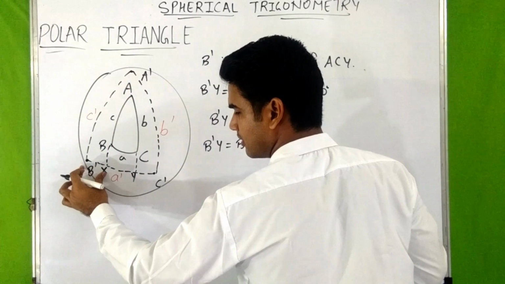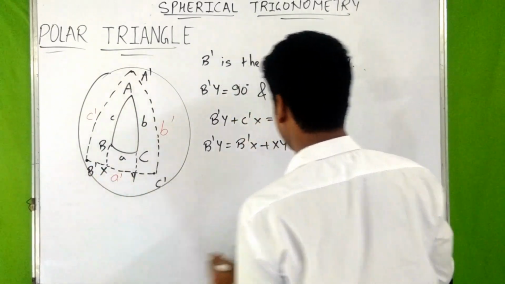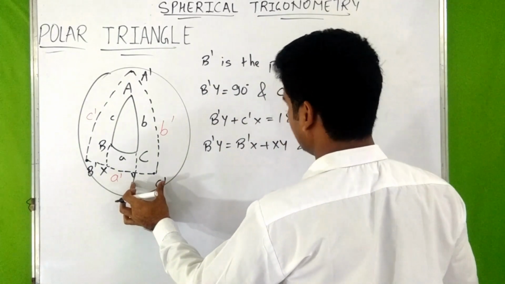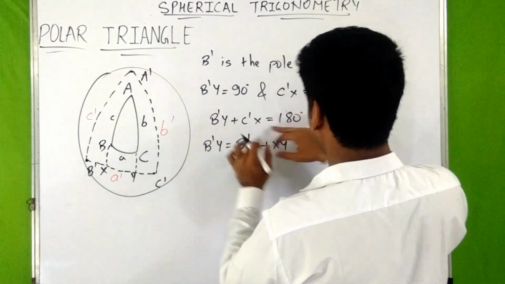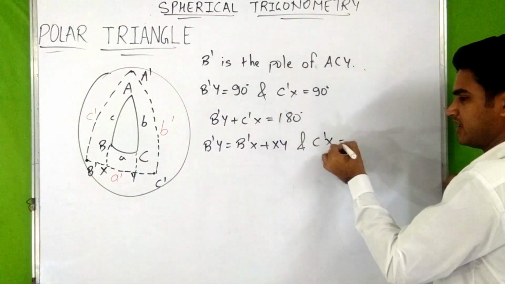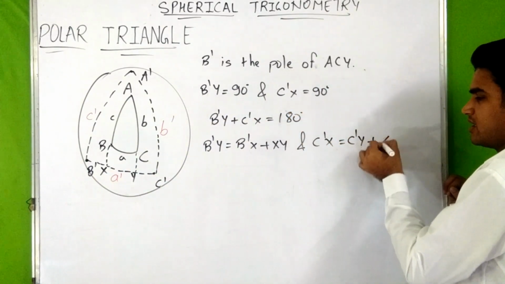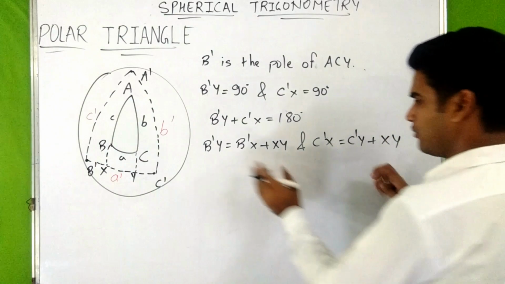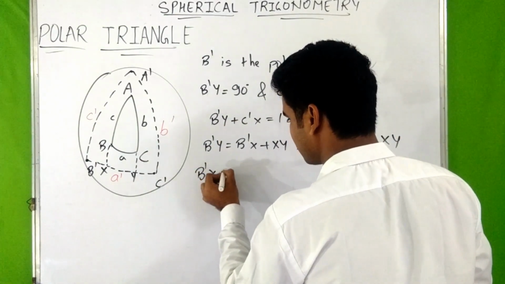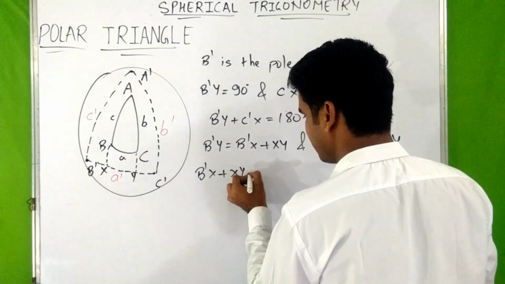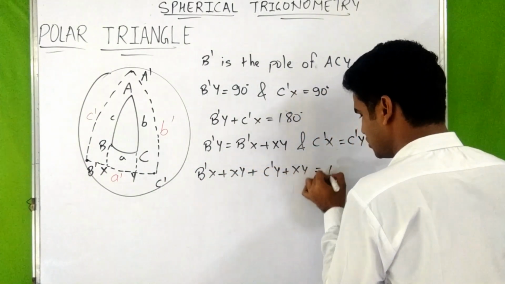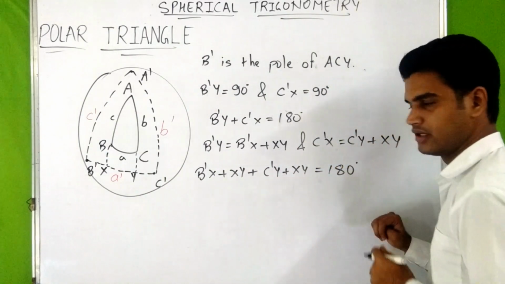And similarly C dash x can be written as C dash y plus xy. Now putting these values in this equation, we will get B dash x plus xy plus C dash y plus xy is equals to 180 degree.